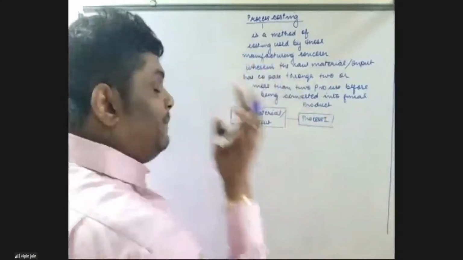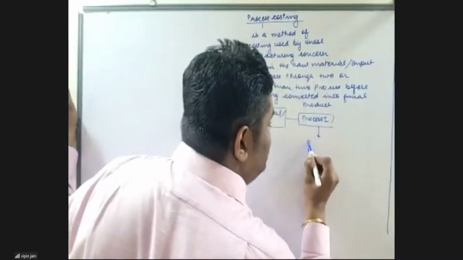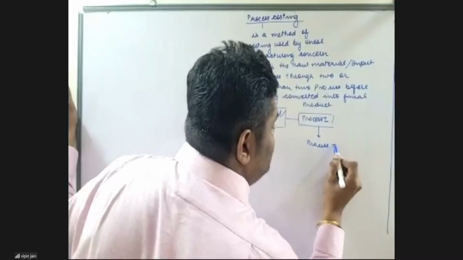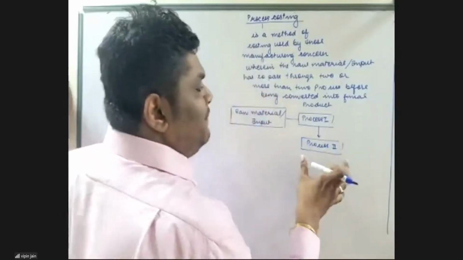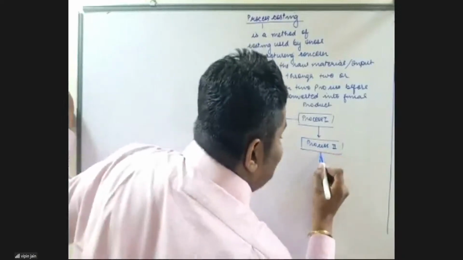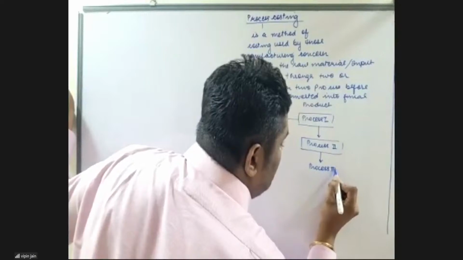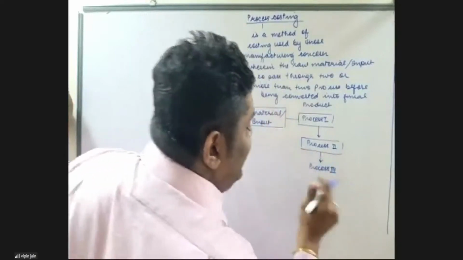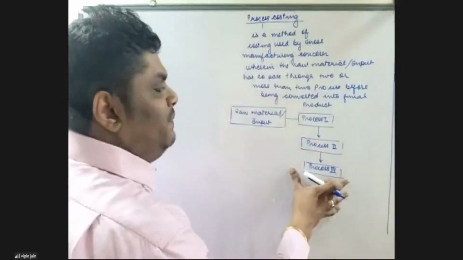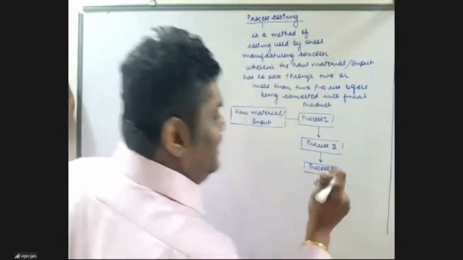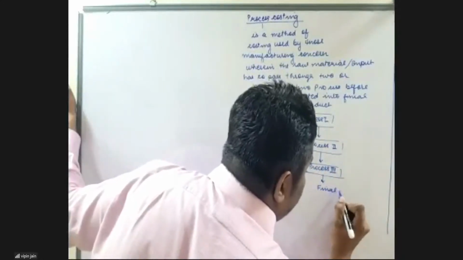Now, once the process first gets over, the output of process first is transferred to the next process, let's say process second. Again, once the process second gets over, the output of process second is transferred to process third. And let's say this is the final process involved in the manufacturing activity, and the output of process third is my final product.